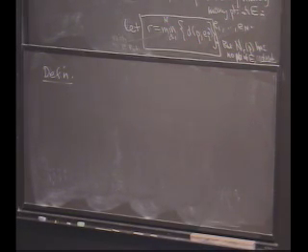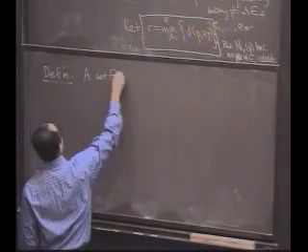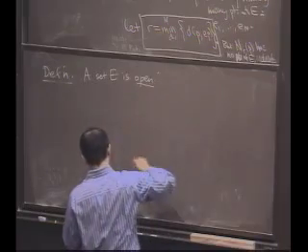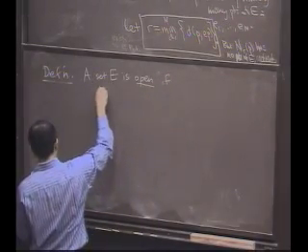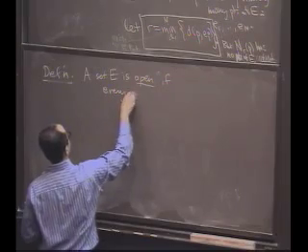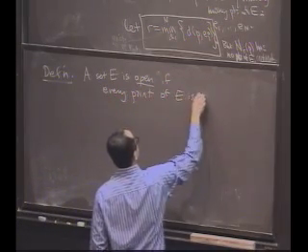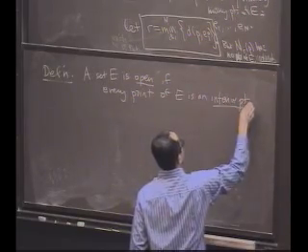Okay, not geometrically like the nose, but has the property that every point is an interior point. We call such a set open. A set E in a metric space X, I won't write that down, is open if every point of E is an interior point of E.